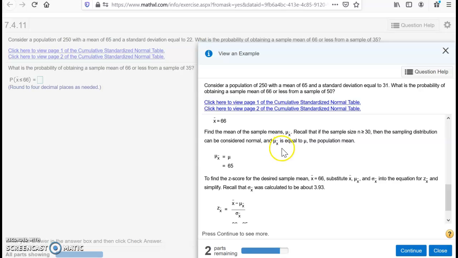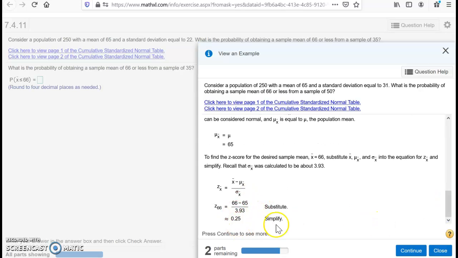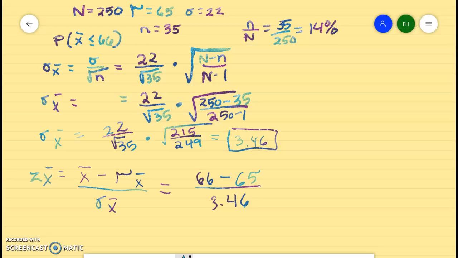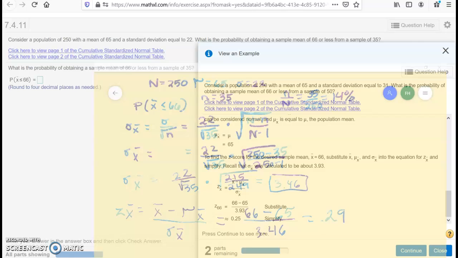So the mean of the sample means is going to be equal to the population mean, so we can use that number given to us. Now, you're just going to round to 2 decimal places. So the 0.289 would round up to 0.29.